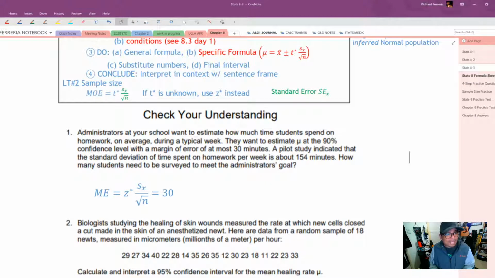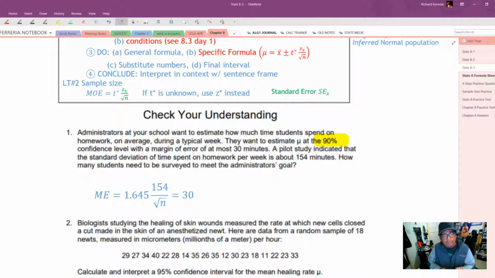We know that Sx is, the pilot study indicates that the standard deviation of the time spent on homework is about 154 minutes. This is a 90% confidence interval. So our z-star for 90% is 1.645.